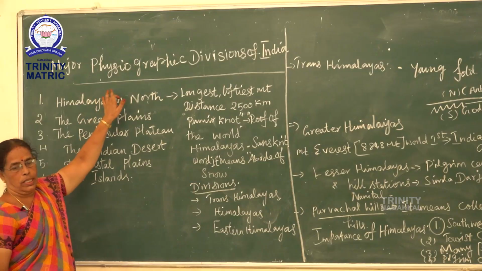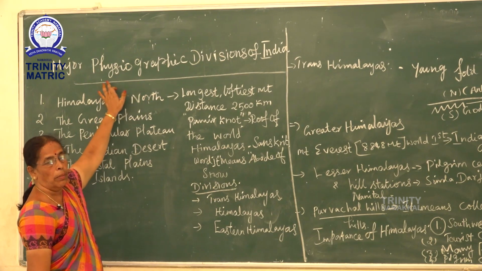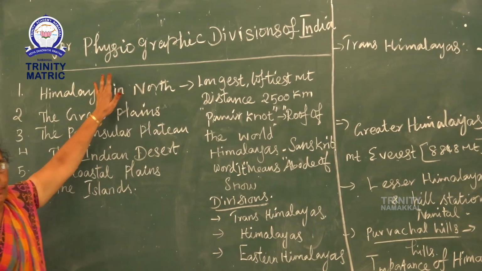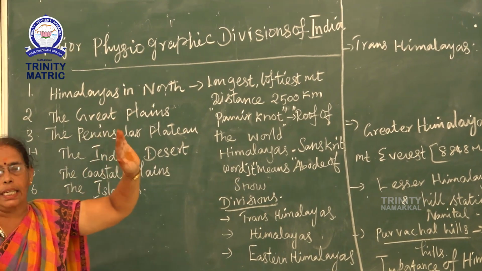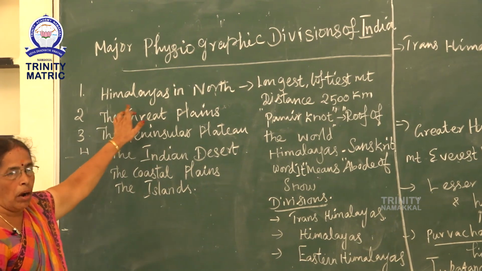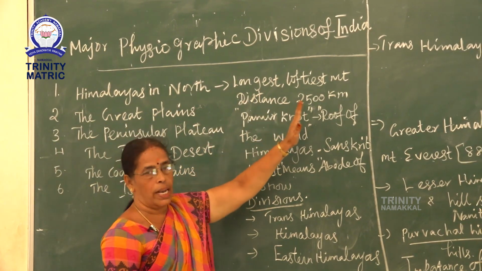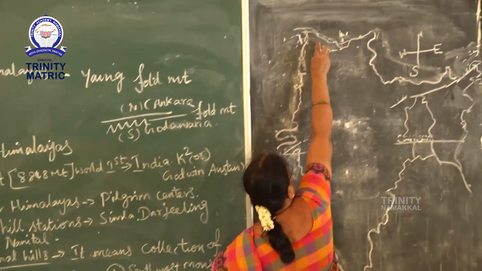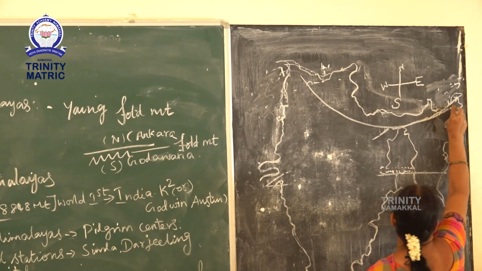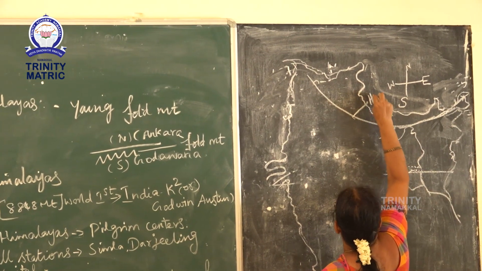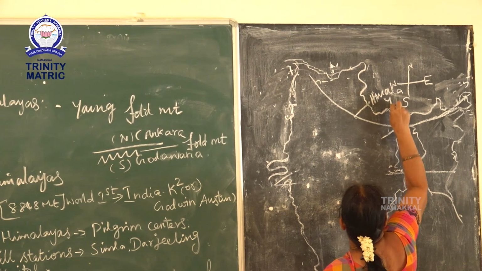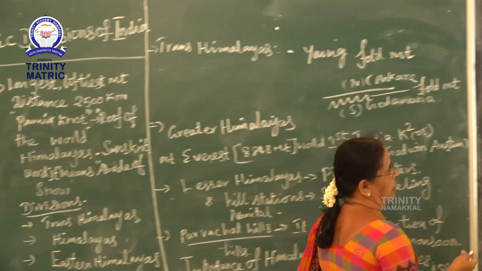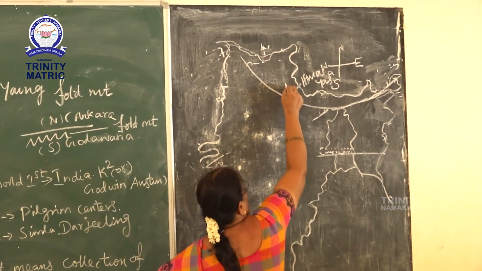Now students, the next topic is the major physiography divisions of India. Do you know the meaning of physiography? That is natural divisions. The first division is the Himalayas. If you see the map, this is the north, up to Arunachal Pradesh. This is the Himalayas mountain.